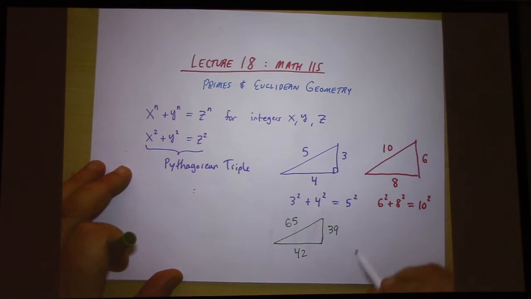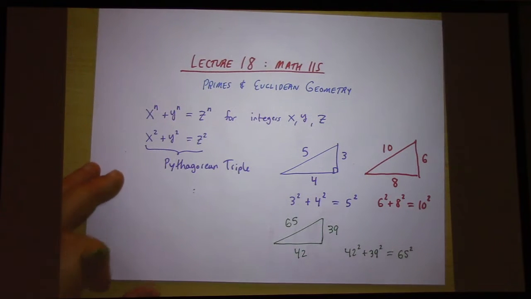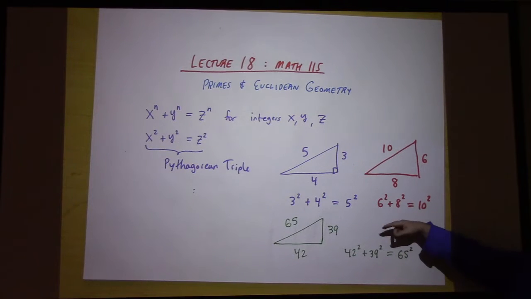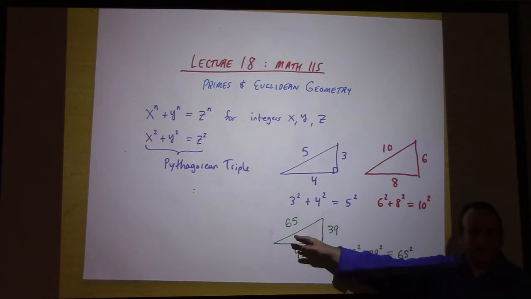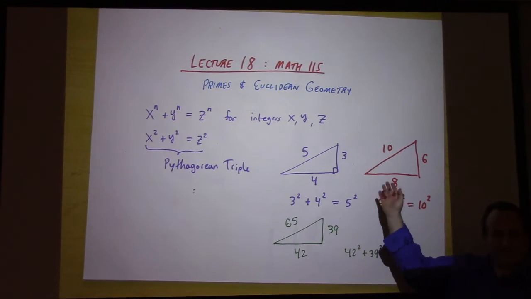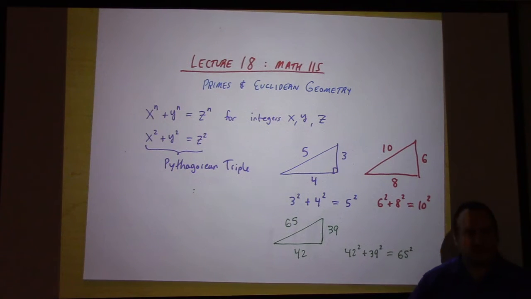And I bet nobody in here knew that 52 squared plus 39 squared is equal to 65 squared, right? I don't think I knew it before I wrote this triangle down. And once you get this trick in your system, you see, oh my goodness, if I just know one Pythagorean triple, I can generate thousands and thousands of other solutions, right?